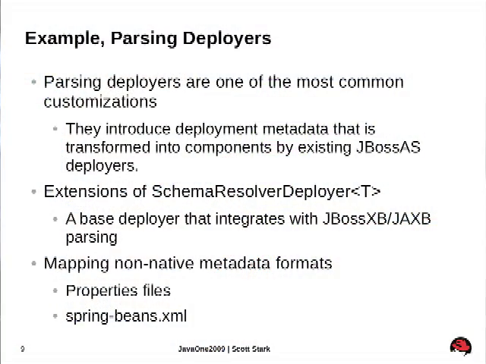So let me quickly take a look at a couple of parsing deployers that we have as base classes, because this is the most obvious place where you would introduce your own custom behavior. The schema resolve deployer is a deployer that takes a given input file and produces a metadata output of a given type T. And it basically integrates with our JBoss XB and JAXB parsing layers.